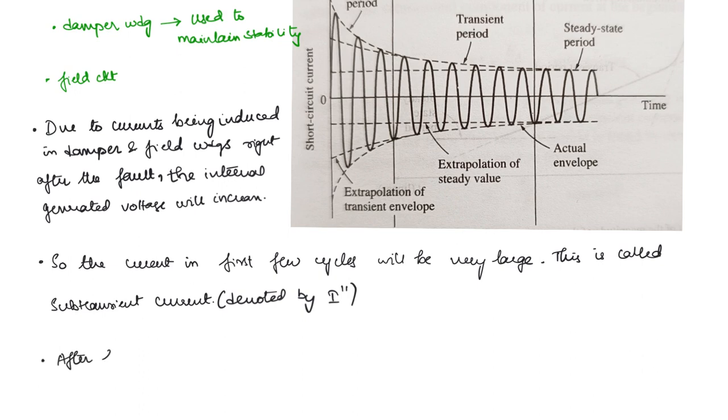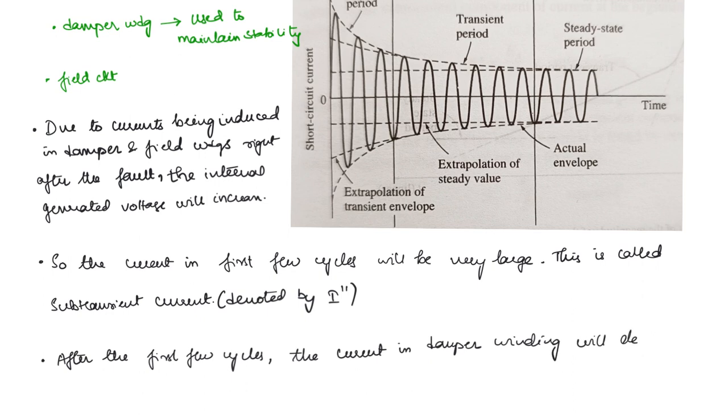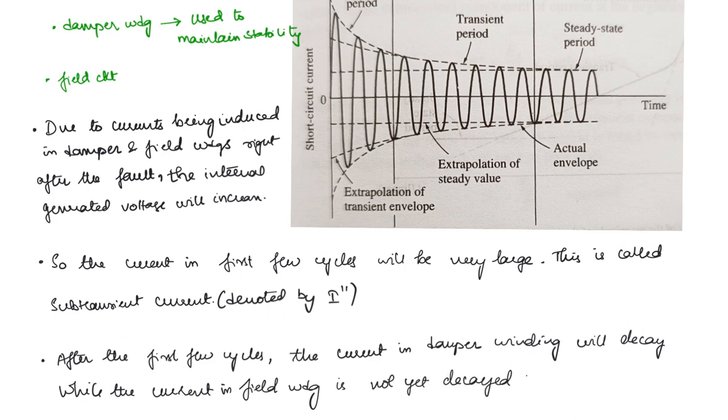After the first few cycles, the current in damper winding will decay, while the current in field winding is not yet decayed completely.